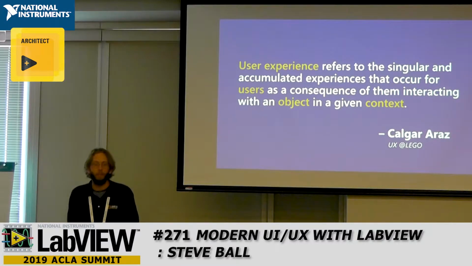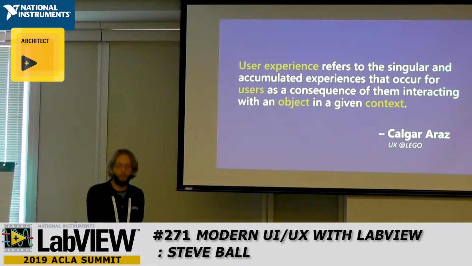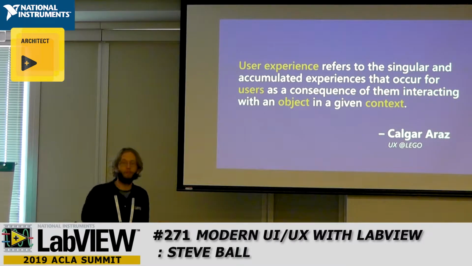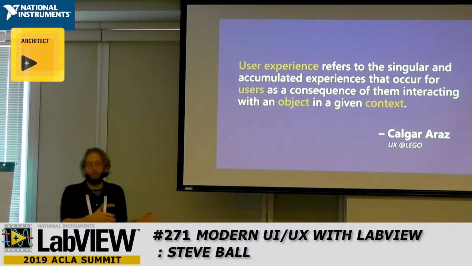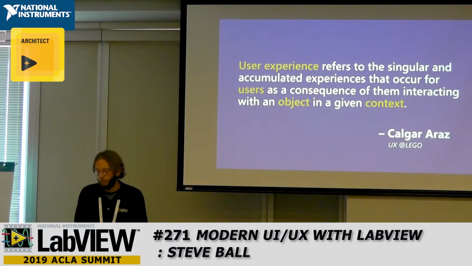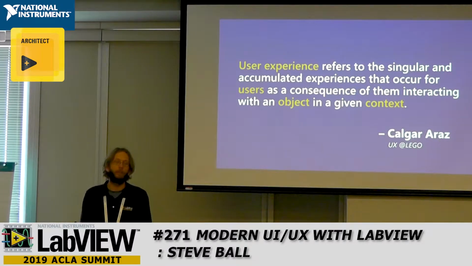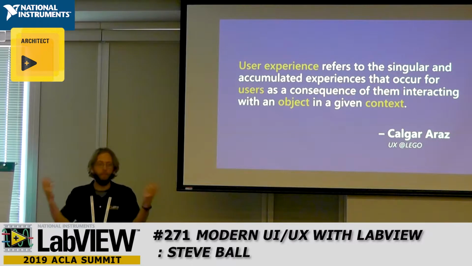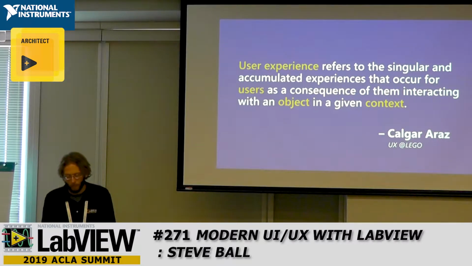What task are you trying to accomplish? Who's the person? Who's the user? And I hate using the word user, but who's the individual trying to use your software? What are they trying to do? What objects do they have at their disposal? And how does that interaction work? How do they expect it to work? So it's really the collision of these three things. I like that.